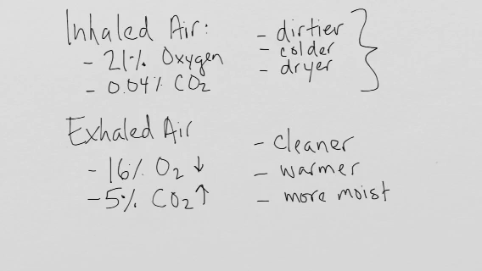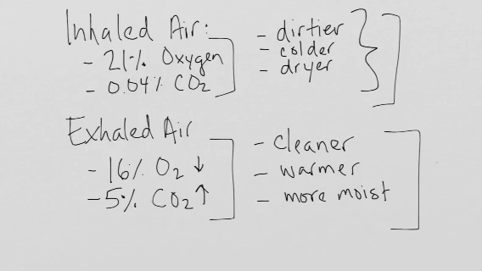When we talk about the differences, we're not just talking about the actual concentrations of the gases, we're also talking about the states of the air. And if you want to check moisture and warmth, on a cold day, go outside and you can see the air that you're exhaling. You can see the mist that it creates because of the water vapor and the temperature of the air.